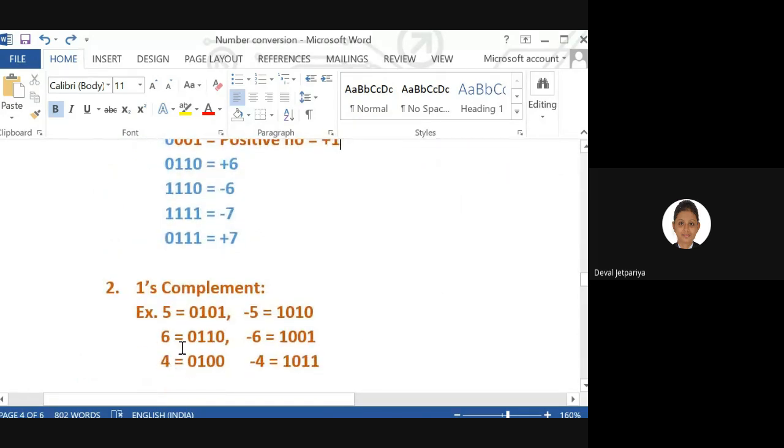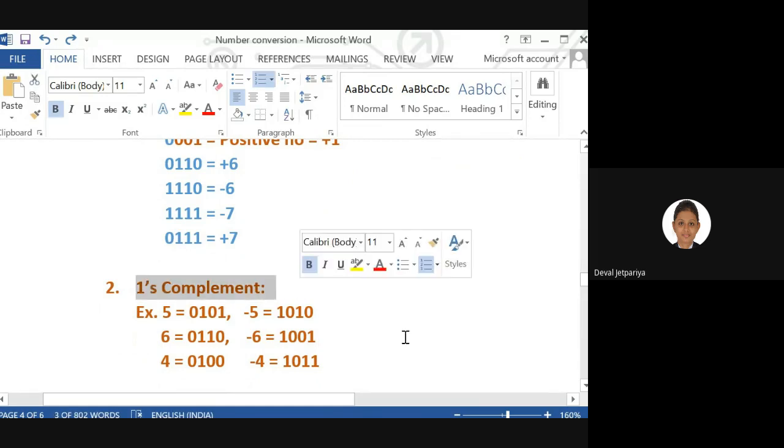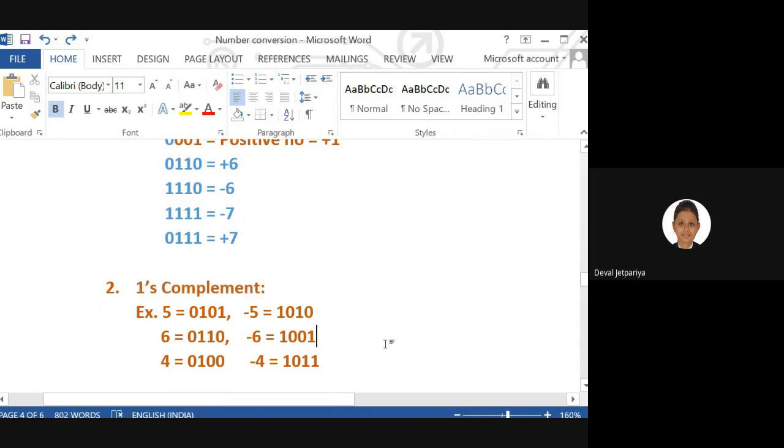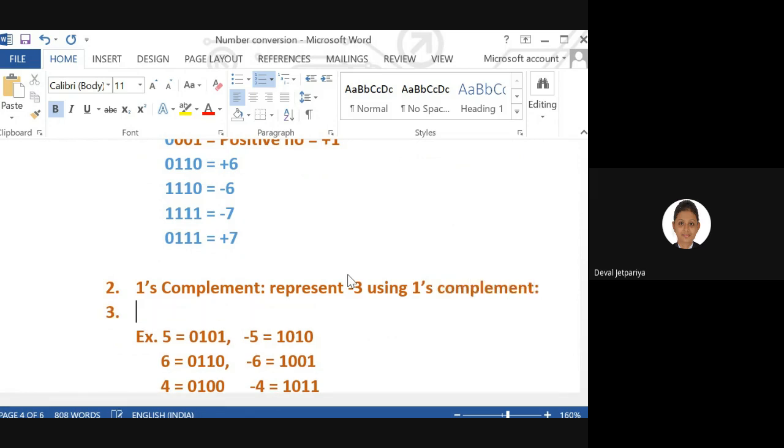After that, the second way is one's complement. We all know how to compute the one's complement, so that we will not discuss. Suppose you have been told to represent a negative number using one's complement. Suppose the question is: represent -3 using one's complement. Then what do you need to do? First you need to find the binary value for 3. We all know 3 is nothing but 011, yes or no?